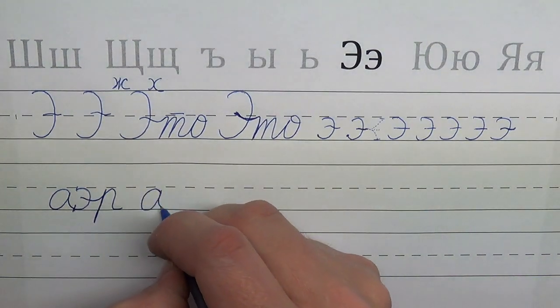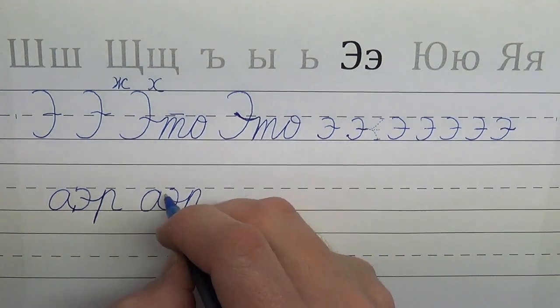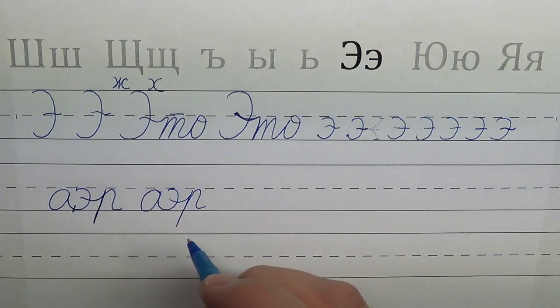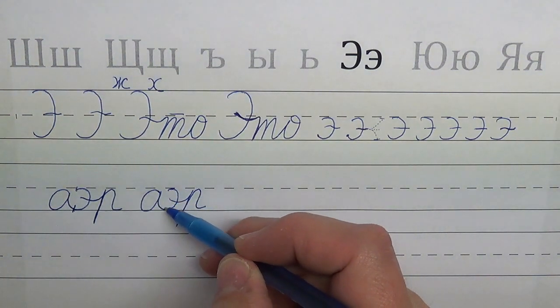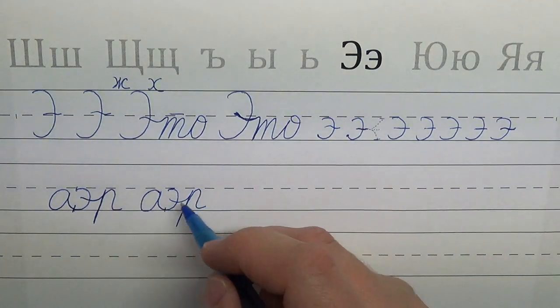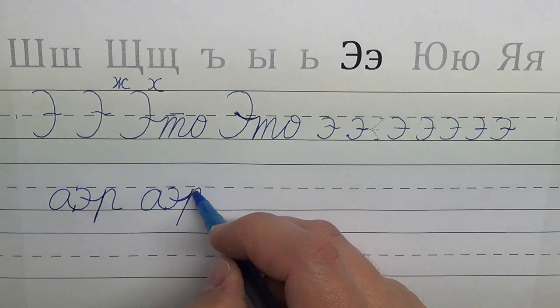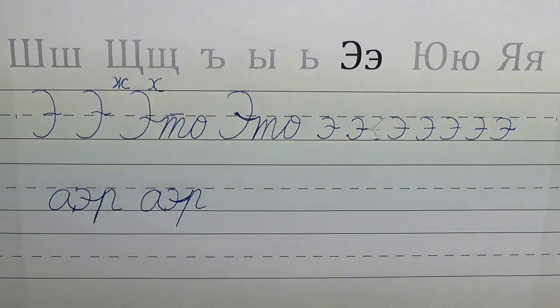So I'll write those together. That's an э coming after a low out connect because the letter starts here at the bottom. Then using this cross stroke as my connector, I go into a high in connect on the р, and I'm good.